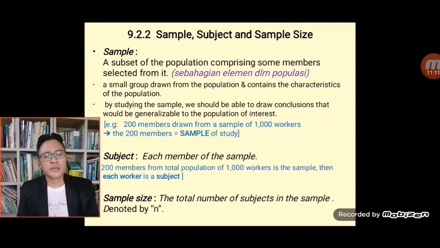Sample, a subset of the population comprising some members selected from it, sebahagian elemen dalam populasi. Okay, example, in the slide, 200 members drawn from 1000 workers. The 200 members is the sample of study. Subject, each member of the sample. 200 members from the total population 1000 workers is the sample, then each worker is a subject.